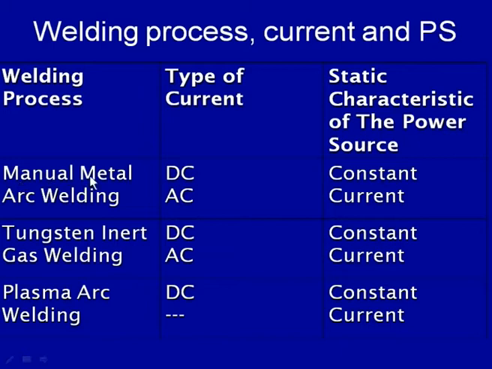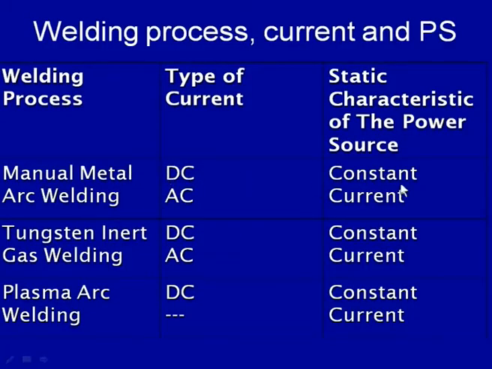We know that for the manual metal arc welding process, where there is a possibility of great arc fluctuation, we can work with both AC current or DC current, but mainly the constant current type of power sources are used, because the fluctuation in arc length due to the manual control is handled by keeping the current largely constant when the constant current type of power source is used, so that the heat is generated uniformly, and a uniform weld joint with uniform properties like penetration and weld bead geometry is obtained.